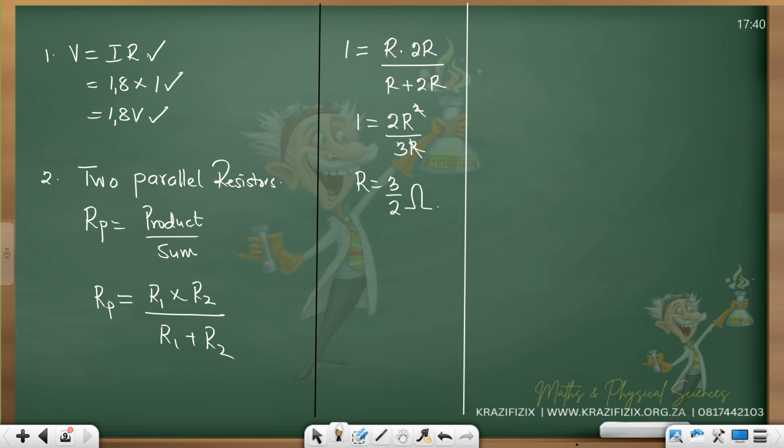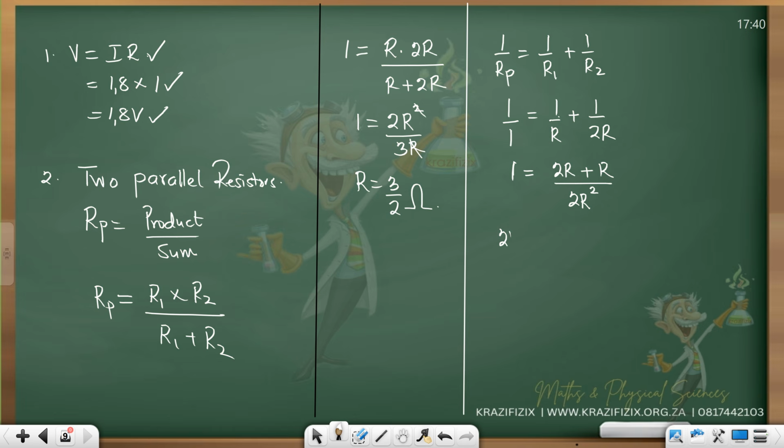But somebody else who doesn't know that, let's work with this. 1 over R parallel equals 1 over R1 plus 1 over R2. Now I know my R parallel as 1, right? Then 1 over R plus 1 over 2R. So we do product: 1 times 2R, 2R plus R over 2R squared.